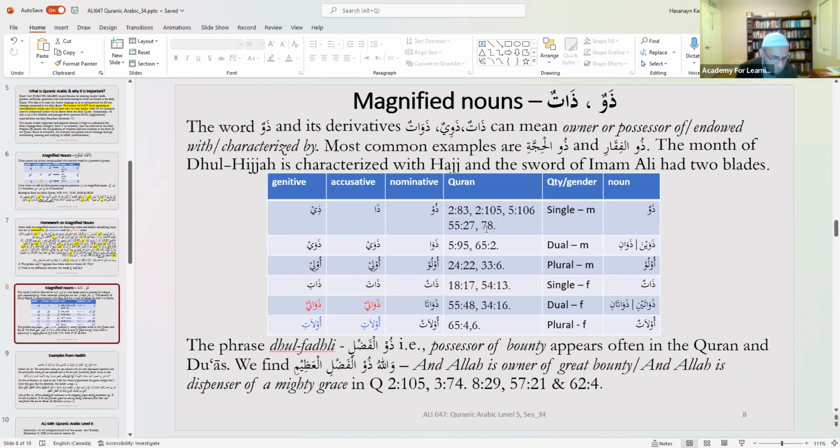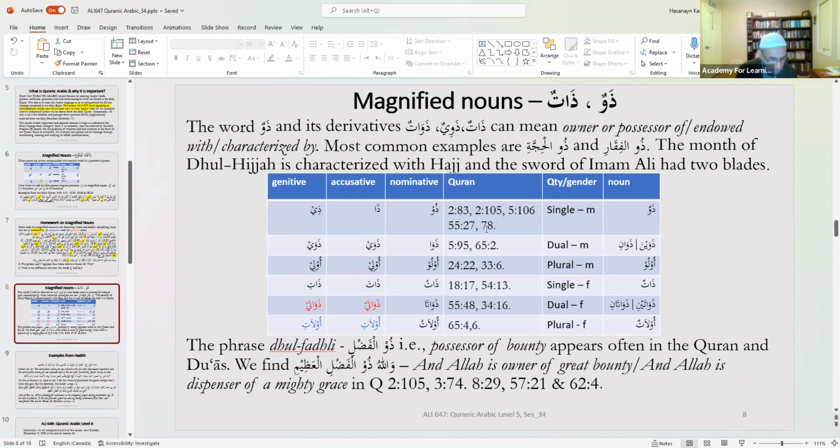Wabil walidain ihsana, wadhi. Now after that, zi is also genitive because of that ba. The ba applies to walidain, and also because there is the waw al ataf, the waw of conjunction, wazil kurba. Otherwise it would be zul kurba. Zul kurba means the relatives, people who are your near relatives.